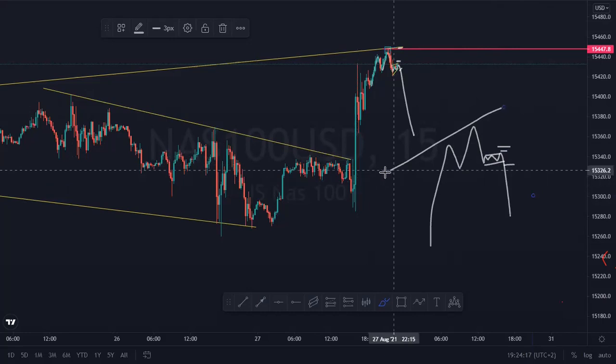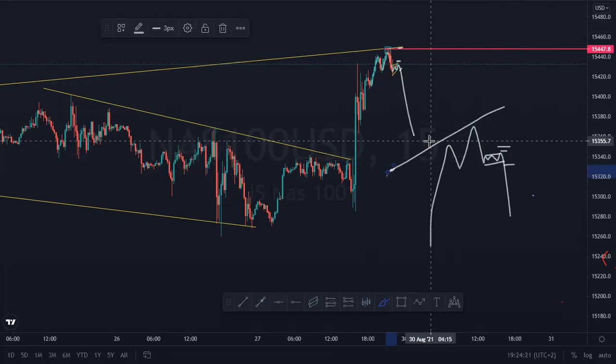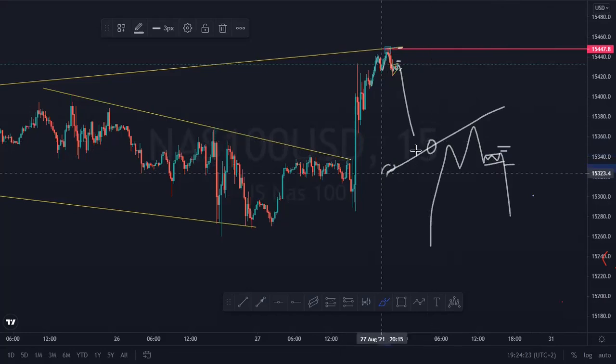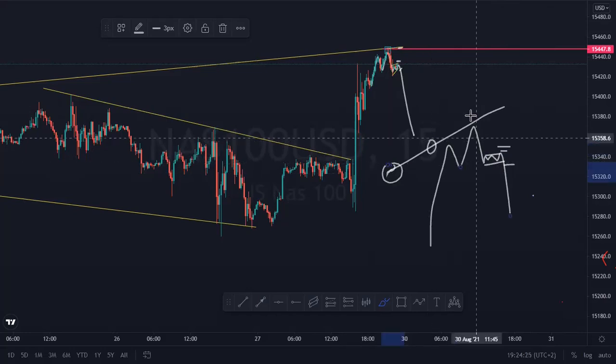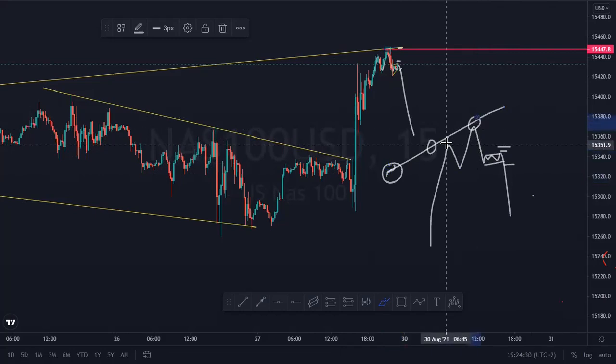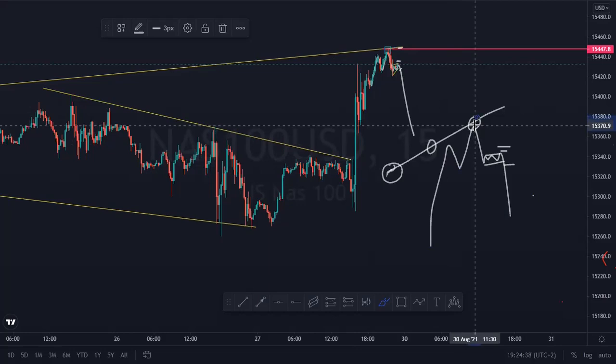First touch here, second touch here. You are already expecting the dead touch. It didn't touch here exactly, but it came here, pushed a little bit down, and it's here. So it has already created the dead touch. What do we expect?